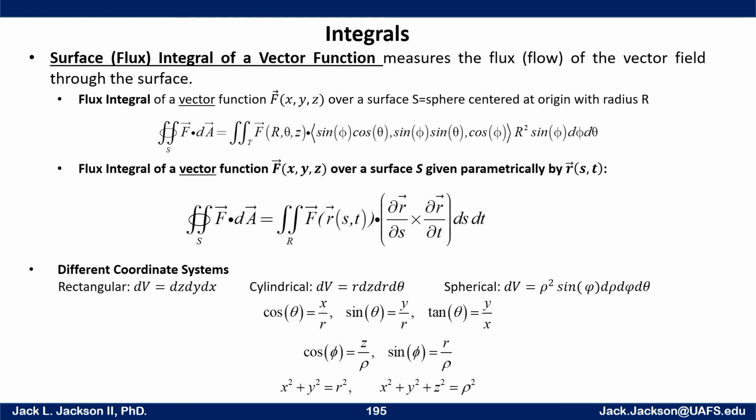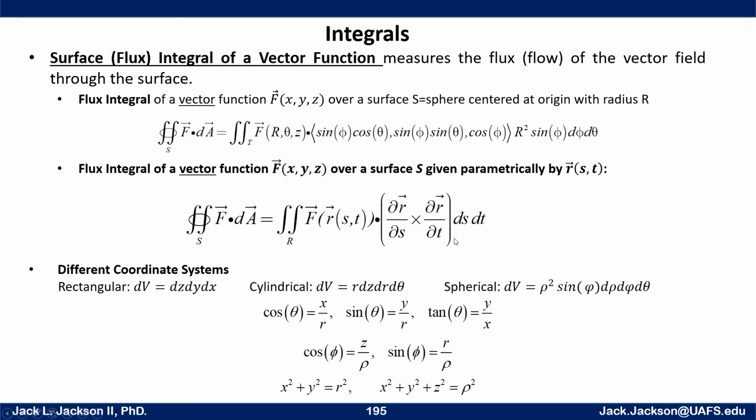So if we have a vector field over a sphere centered at the origin, this is what it turns out to be. And in more general, most of the ones that I've done here in the notes so far are a flux integral of a vector function over a surface given parametrically in terms of parameters s and t. And here is how you can set that one up.